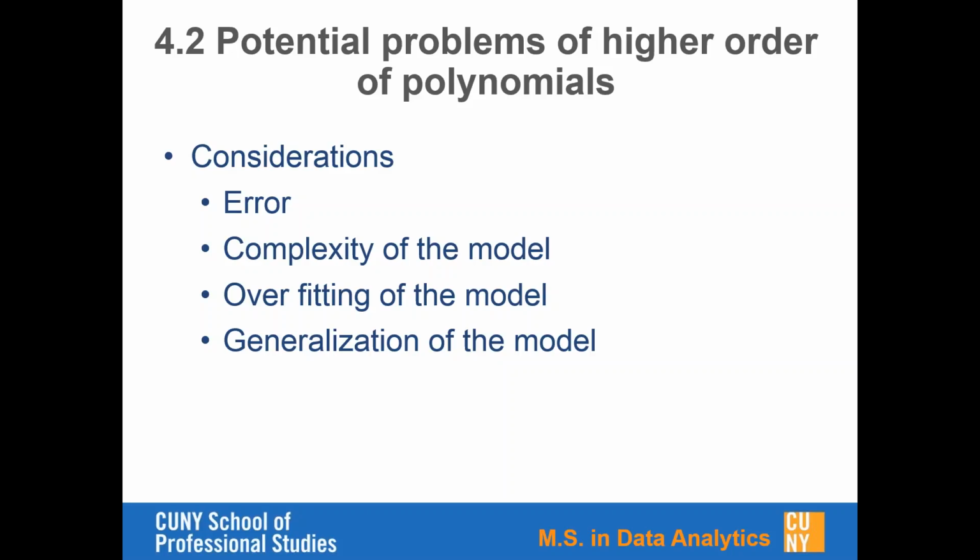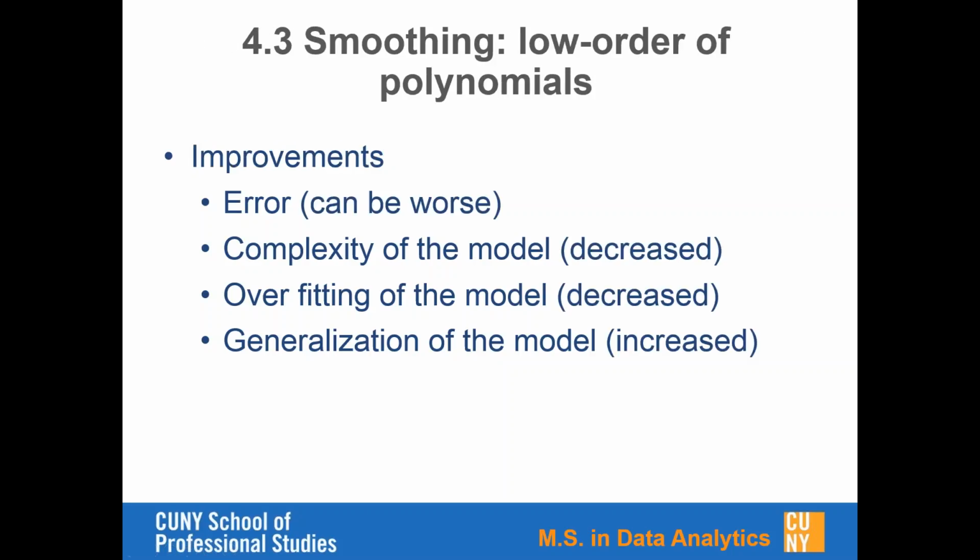Sometimes maybe a linear model would just be sufficient. So in this case, I also already discussed that for polynomials, error can be worse. And then complexity can be decreased, overfitting can be decreased, and generalization of the model can be increased if we use a lower order of polynomial.